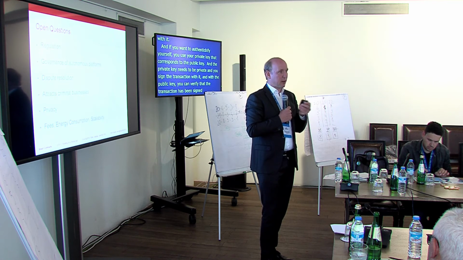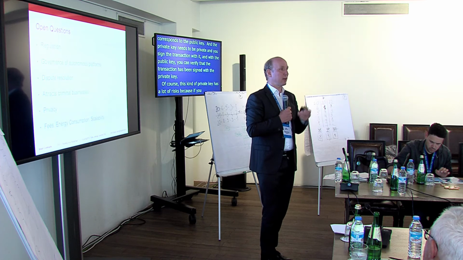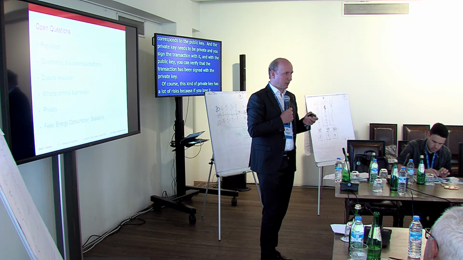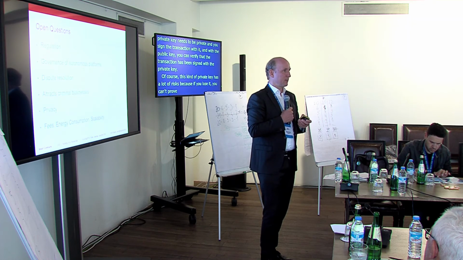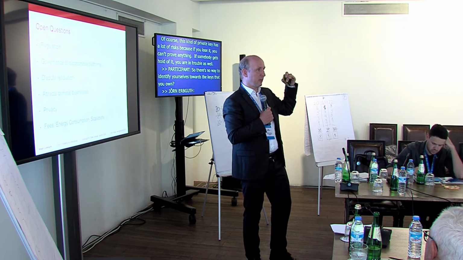Of course, this kind of private key has a lot of risks, because if you lose it, you can't prove anything. If somebody gets hold of it, you're in trouble as well. So there's no way to identify yourself towards the key that you own? Well, this is the identification on the blockchain.